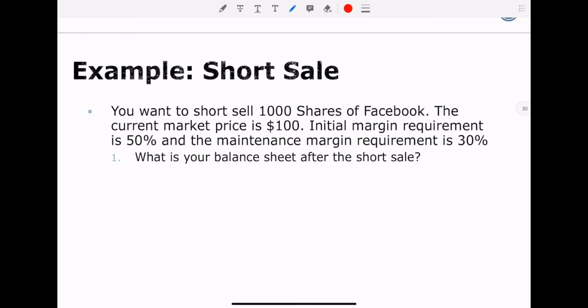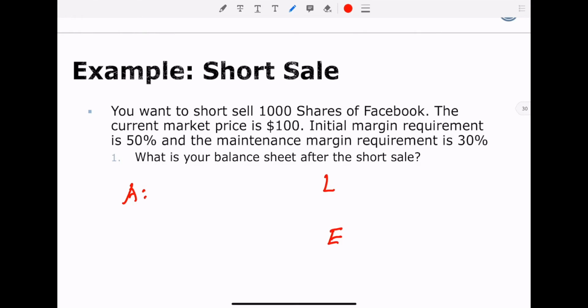Well, this is actually easy, because we're not calculating margin here. We're just trying to find out what is your asset, what is your liability, what is your account equity. So let's see what is your asset. Remember, you're doing a short sale here. So if you short sell, you will get some proceeds, some cash.